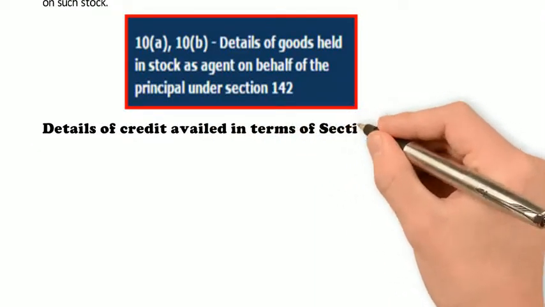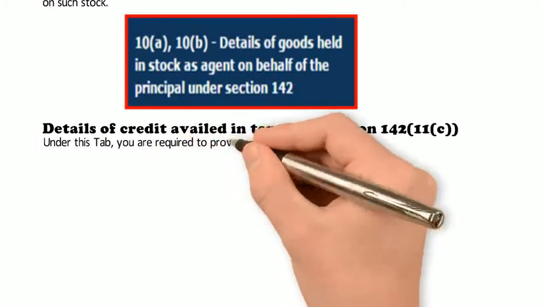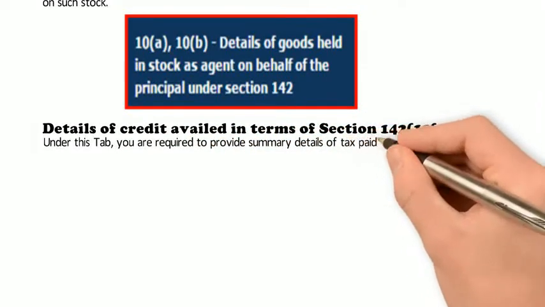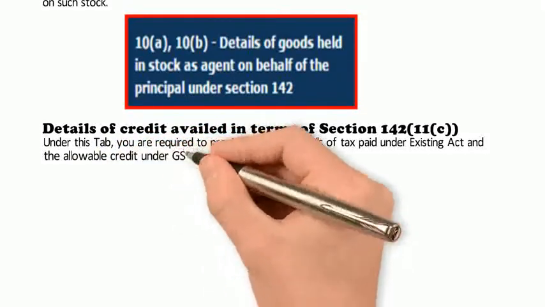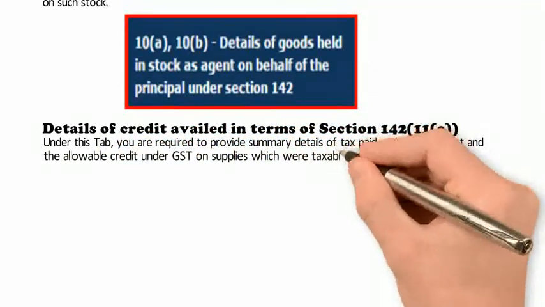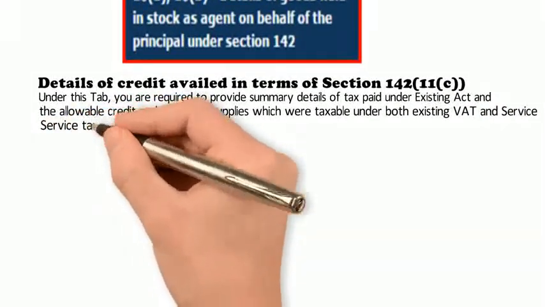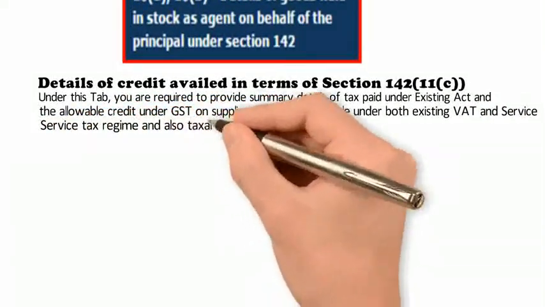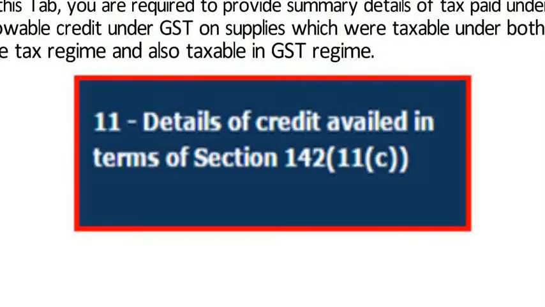Details of credit availed in terms of Section 142(11)(c). Under this tab, you are required to provide summary details of tax paid under existing Act and the allowable credit under GST on supplies which were taxable under both existing VAT and service tax regime and also taxable in the GST regime.